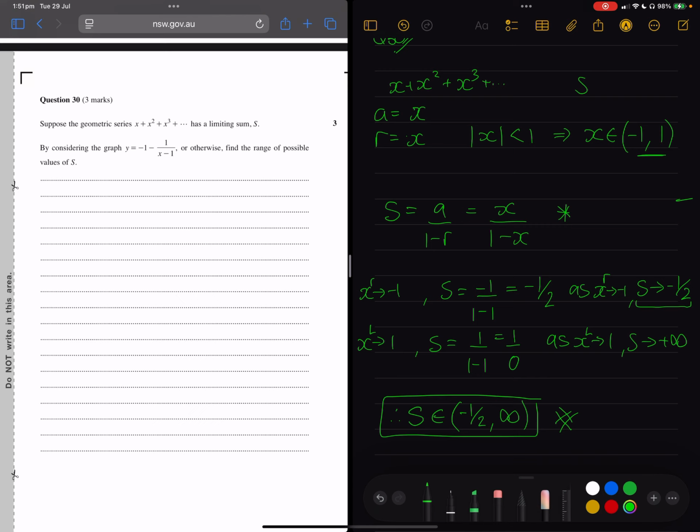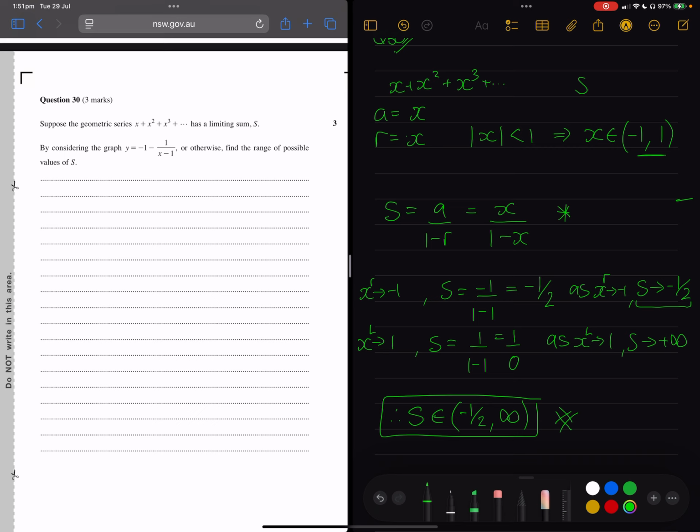Now this works because the sum function x over 1 minus x that we got is actually a continuous function between -1 and 1. It has a pole at 1, but between -1 and 1, not including those points, it's continuous. It's in fact a type of hyperbola, right?